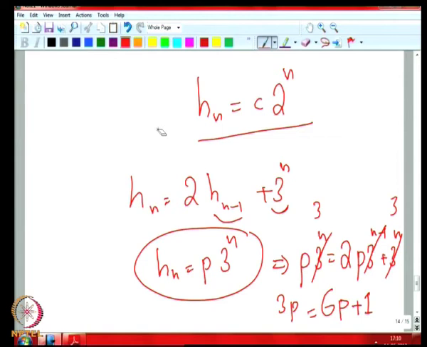So we wanted to find a particular solution. I put hn equal to 2 times hn minus 1 plus 3 raised to n. So we get p times 3 raised to n equal to 2 times p into 3 raised to n minus 1 plus 3 raised to n.